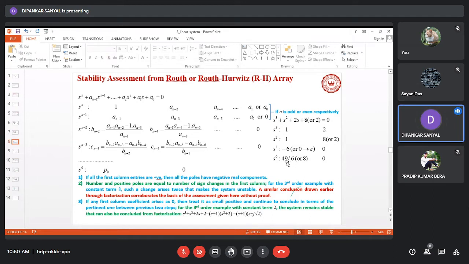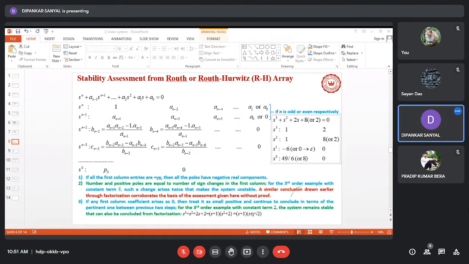And here, by considering this 1, 8, minus 6, 0, the coefficient will be minus 6 into 8, that is minus 48, minus 1 into 0.